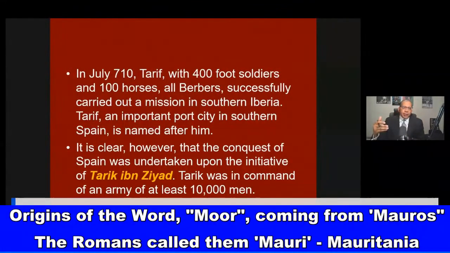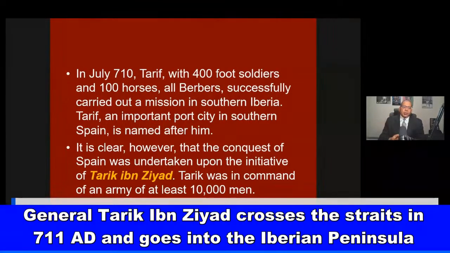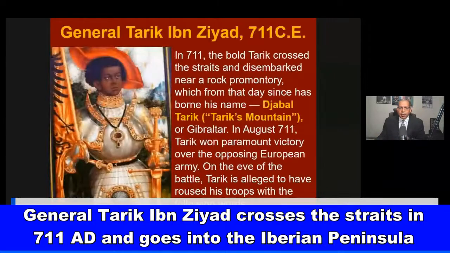In July 710, Tarif, with 400 foot soldiers and 100 horses, all Berbers, successfully carried out a mission in southern Iberia. That was the reconnaissance mission, to get the lay of the land and see what's going on. Tarif, an important city in southern Spain, is named after him.